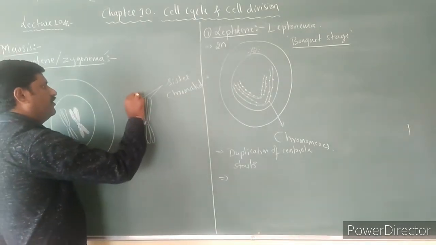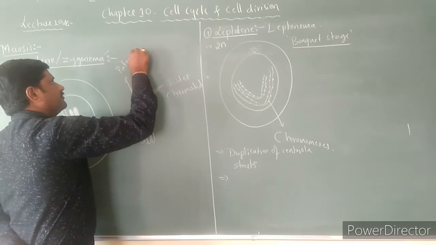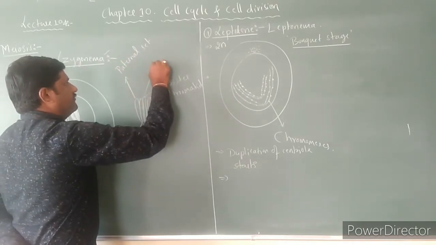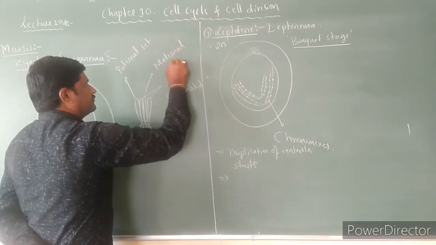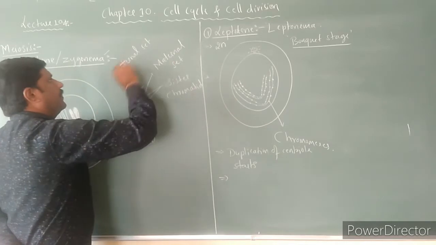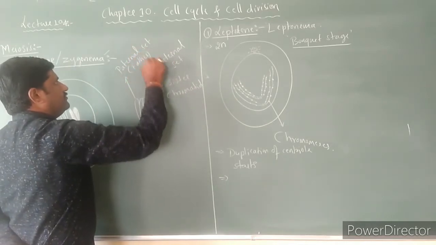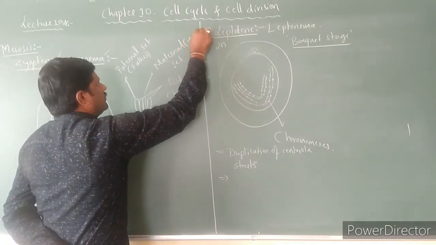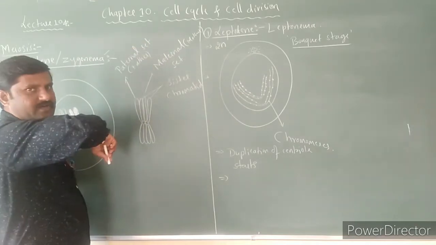One is brought from the paternal set, and another one from the maternal set. Paternal in the sense of father, maternal in the sense of mother. One chromosome is from mother, one chromosome is from father.